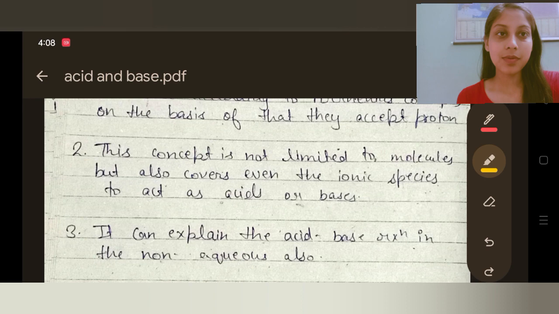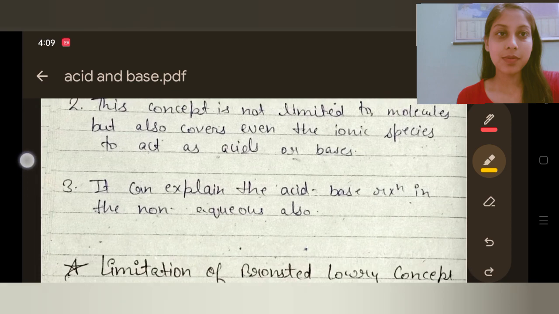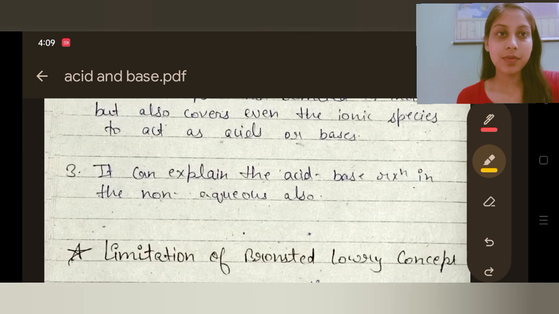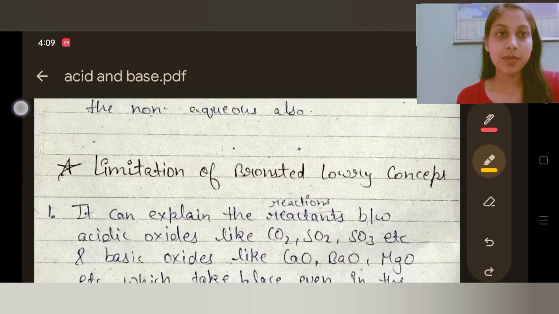Second, this concept is not limited to molecules but also covers ionic species to act as acid or base. It can also explain acid-base reactions in non-aqueous media.